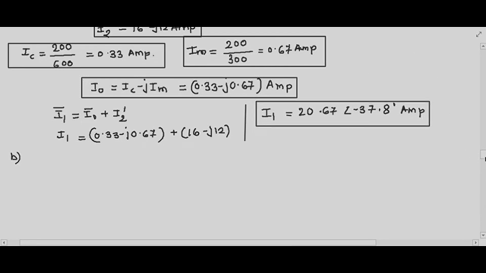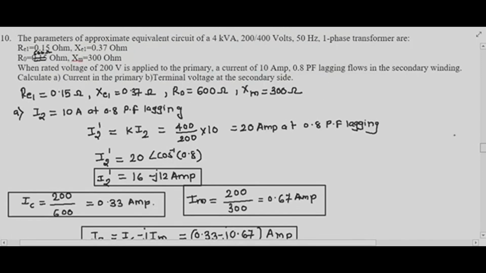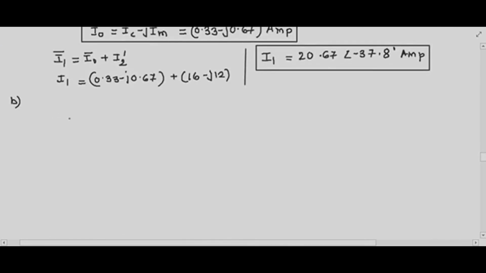In B part, what we have to find out? In B part, we have to find out the terminal voltage at the secondary side. To explain this concept, let us draw the equivalent circuit first, referred to the primary side. So students, this is your RE1, XE1. Then simply I will draw the shunt circuit here.